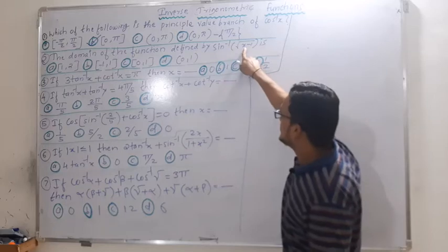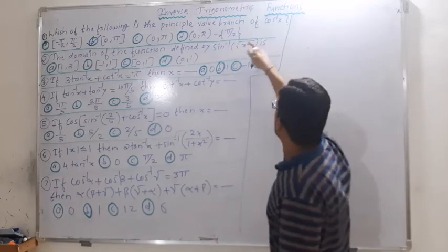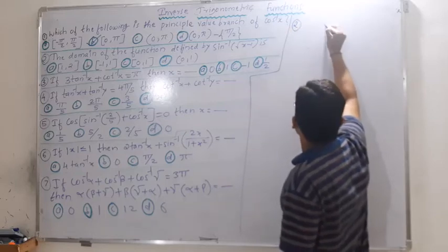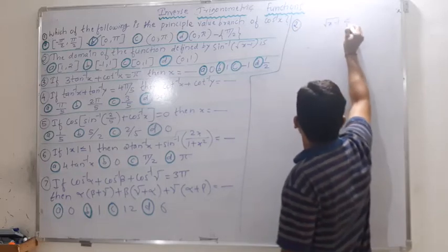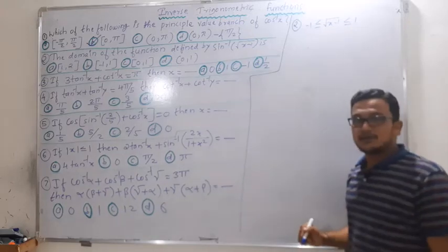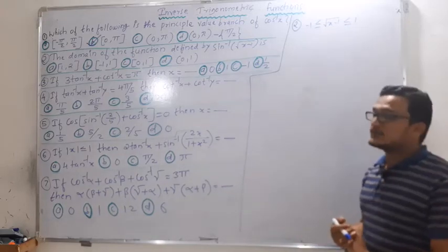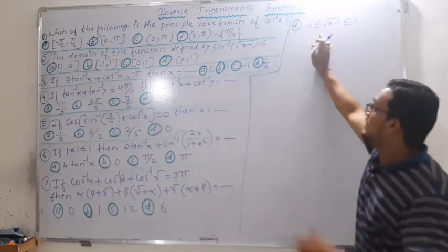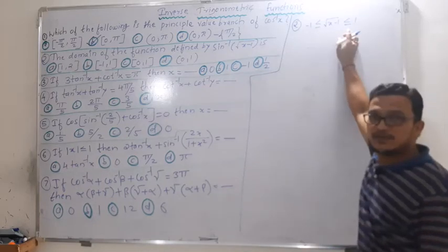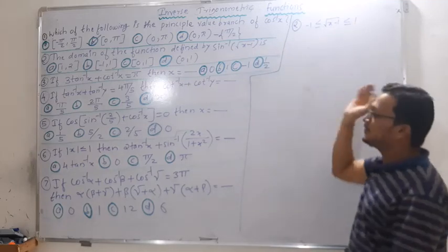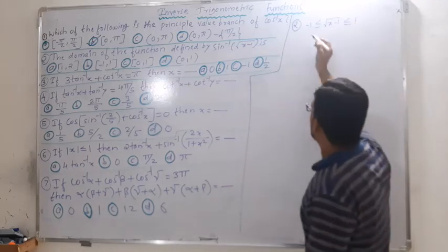So therefore, I'll write the solution of the second example. This root of x minus 1 lies between minus 1 to plus 1. Why? Because the domain of sine inverse x is minus 1 to plus 1, but it is a closed interval, therefore it is less than or equal to, less than or equal to. Now throughout the inequality, if I take the square, what will we get?